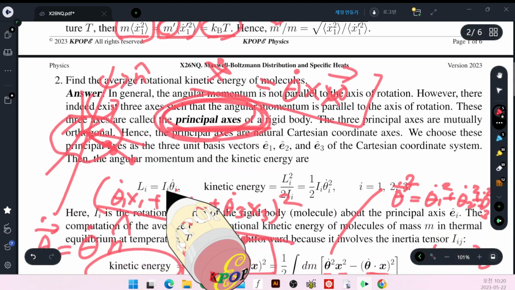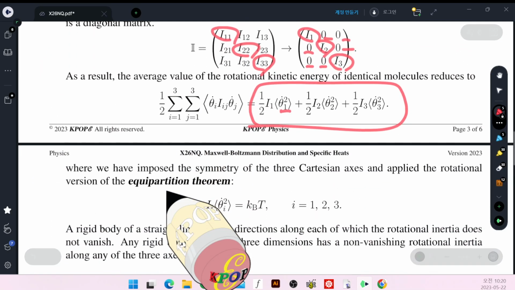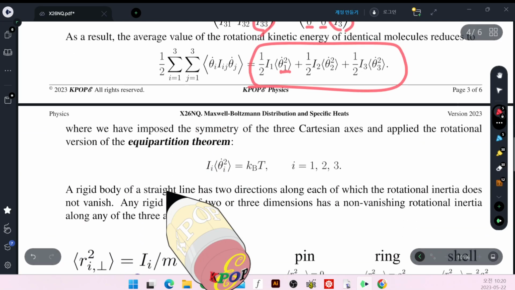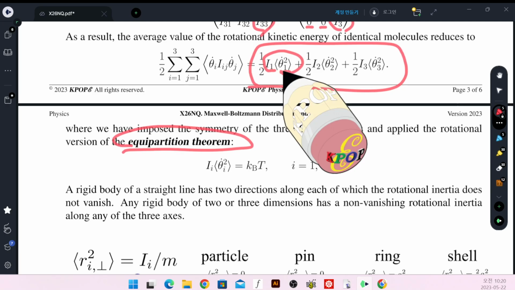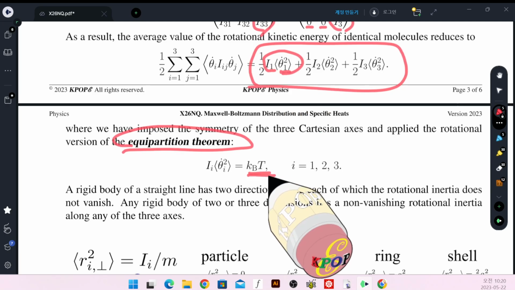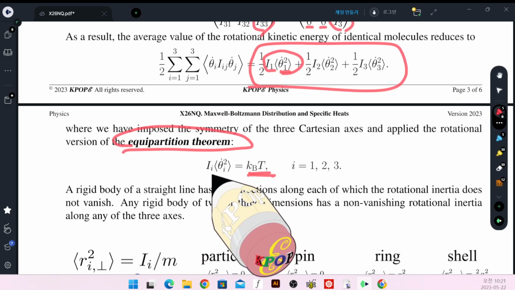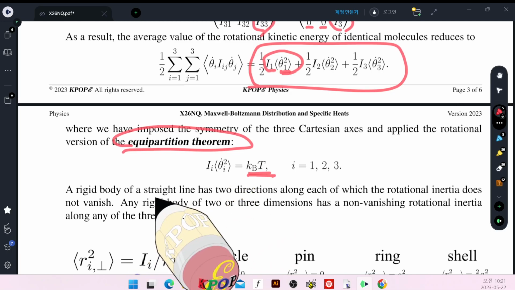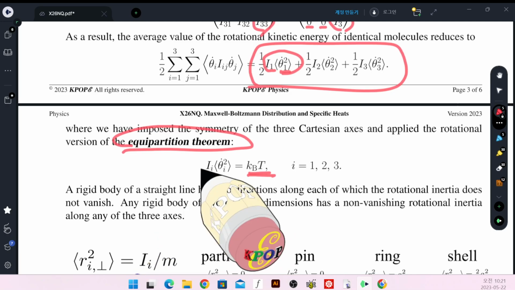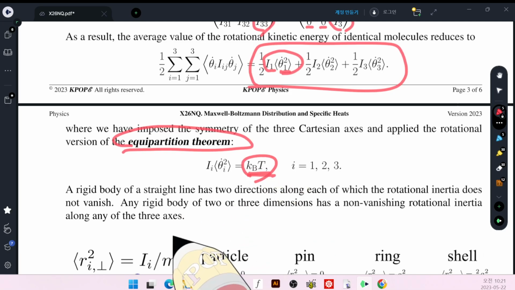In a similar manner, we can also apply the generalized form of the equipartition theorem to replace this average over n molecules with kBT, regardless of the value of this I. Sure, if I, the rotational inertia, is exactly 0, it cannot produce the kBT.